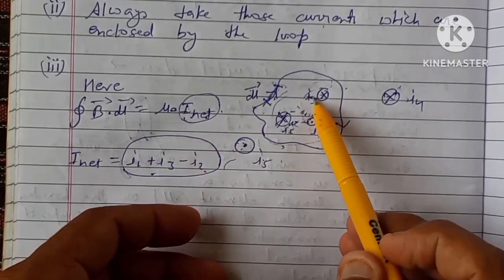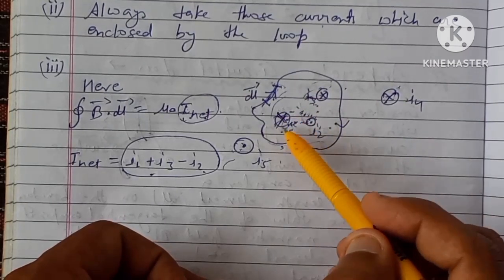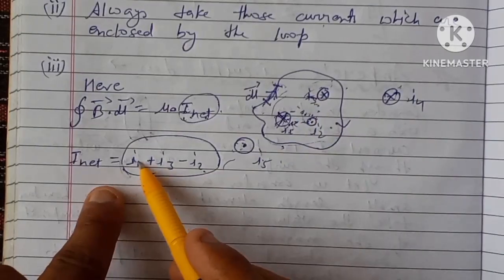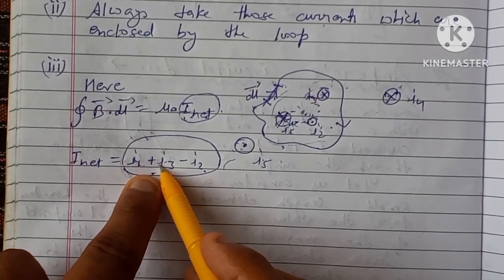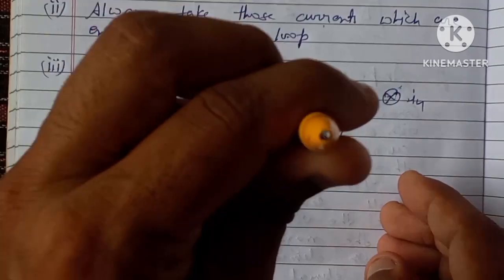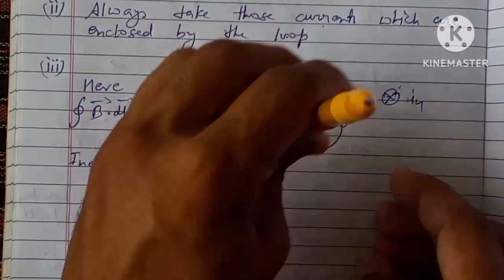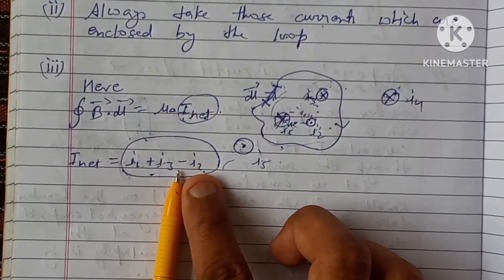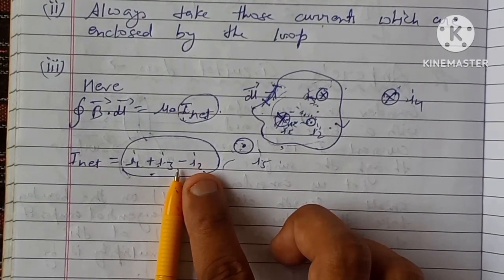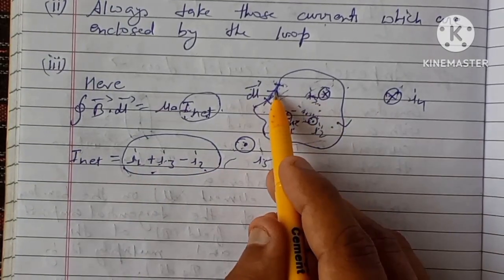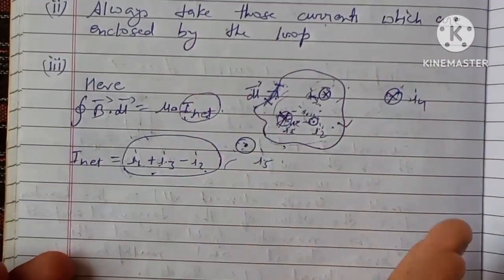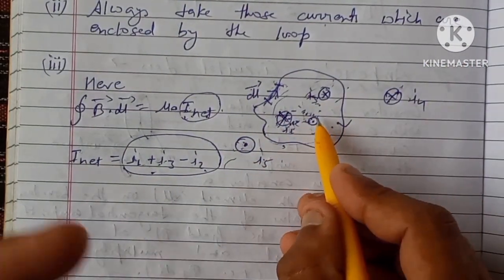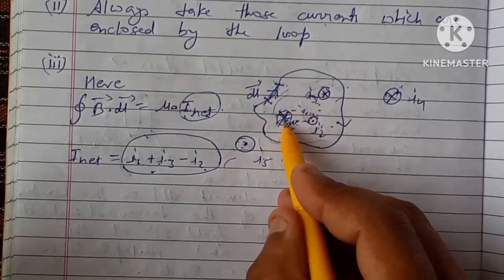Here I1 and I3 are going into the page because they are denoted by a cross, so these two currents will be taken positive. And I2 is coming out of the page, so this is the negative direction and this current will be considered negative. This is our sign convention. If you choose the direction of your dl vector in the anti-clockwise direction, then your thumb is coming out of the page. Then this current will become positive and these two will be taken as negative.